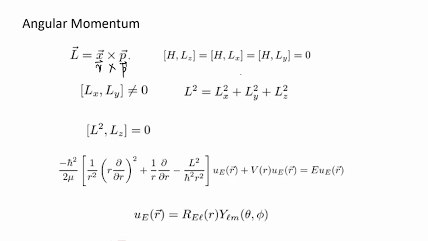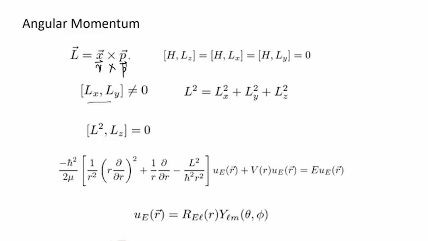But the problem is that each of these angular momentum components, or the operators corresponding to them, do not commute with each other, and because they do not commute, you cannot find the eigenstates of H to be the same with all of them.